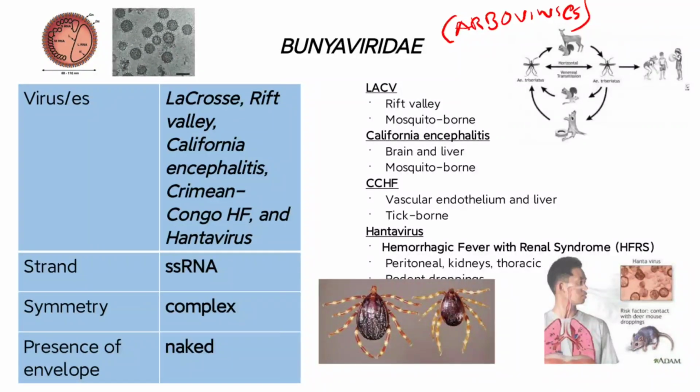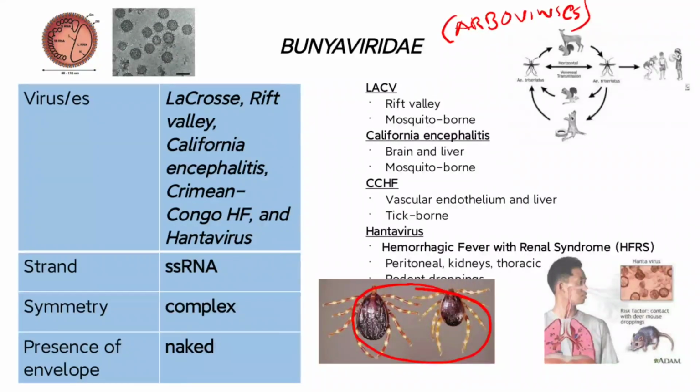Next, the California encephalitis, it infects your brain and liver. So, mosquito-borne din. CCHF or yung Crimean-Congo hemorrhagic fever. The infect nito is your vascular endothelium and your liver. Okay. So, ito naman, the difference is, it is tick-borne.